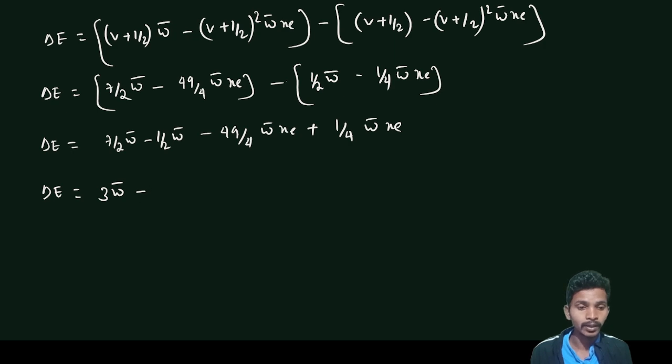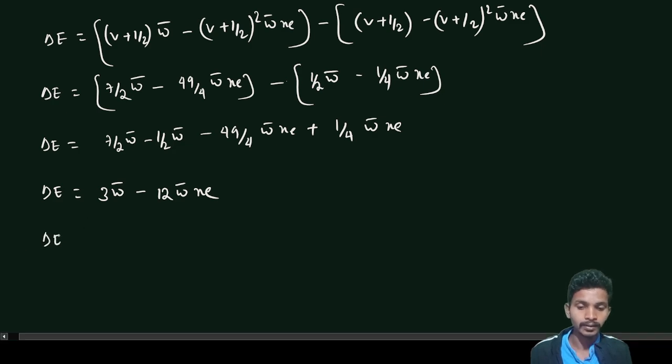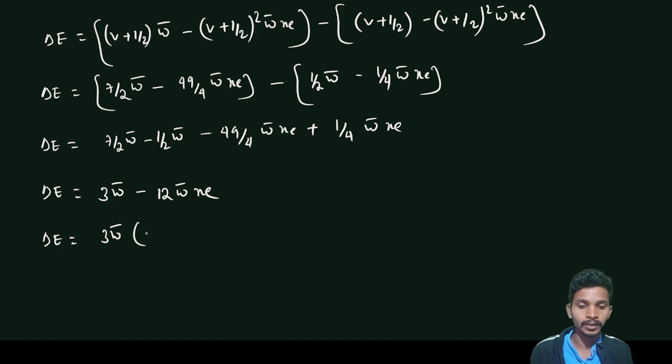And this value, how much will you get? 49 minus 1, 48, divided by 4, that is equal to 12 ωxe. Okay, so now this ΔE value will be, if I take 3ω common, then this becomes 4 ωxe.